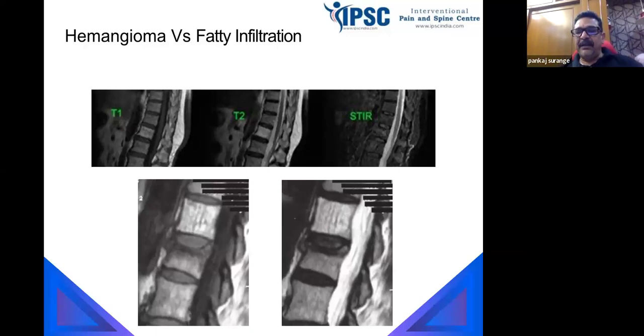But if they are the source of the pain, and you can correlate clinically that this is the site of the pain and exactly where we have a hemangioma, in those cases we can decide to go for vertebral augmentation or vertebroplasty. In fact, hemangioma was the first indication of vertebroplasty, when it was introduced mainly for hemangiomas. So a painful hemangioma is a very good indication for vertebroplasty.